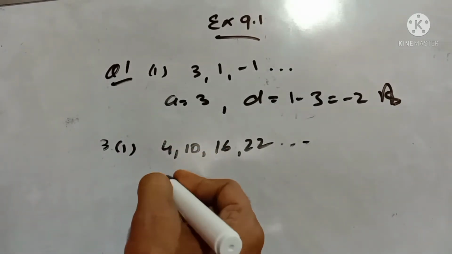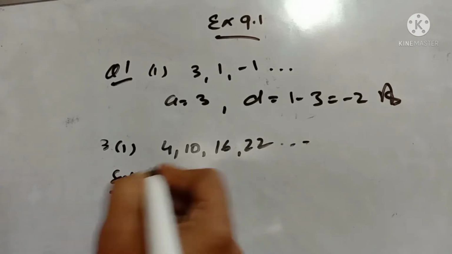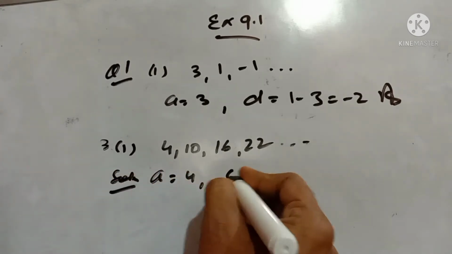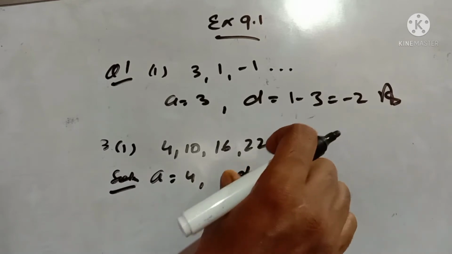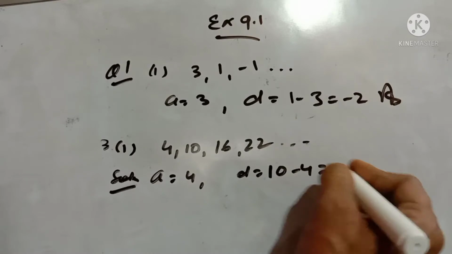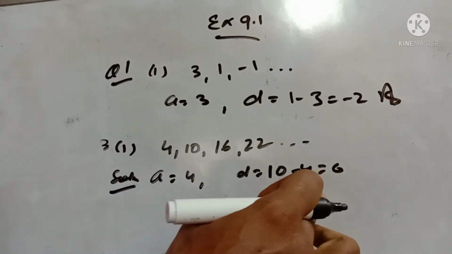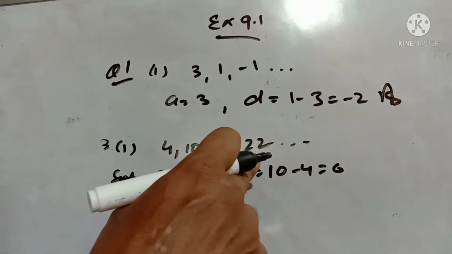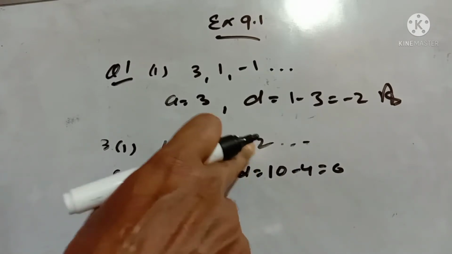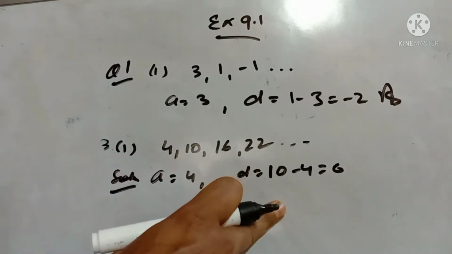So first of all, we see our A is given. Solution: A is 4, and D, the common difference, is 10 minus 4, that is 6. If you subtract 16 minus 10, that also comes 6. If you subtract 16 from 22, that also comes 6.